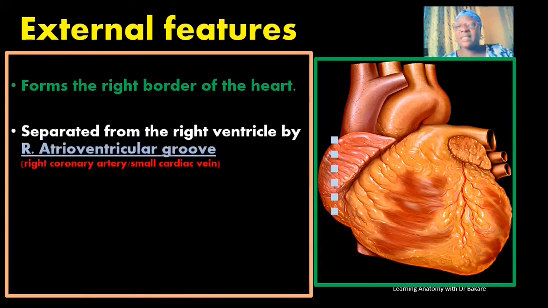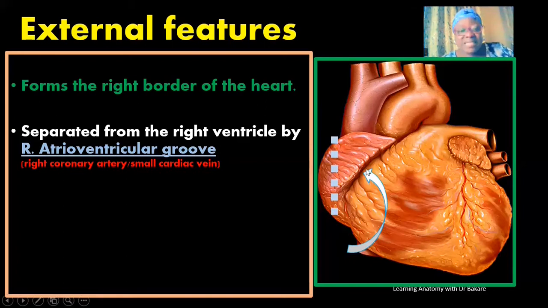It is also separated from the right ventricle by the atrioventricular groove. This is the atrioventricular groove here. This is the groove that is seen between the atrium and the ventricle. And this is the right atrioventricular groove, because we have the left atrioventricular groove that separates the left atrium from the left ventricle. But on the right side is where we are concentrating.